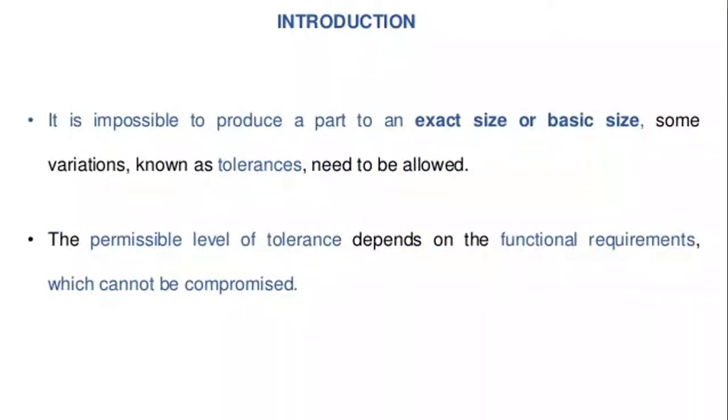It is impossible to produce a part to an exact size or base size. Some variations, known as tolerance, need to be allowed. The permissible level of tolerance depends on the functional requirement, which cannot be compromised.